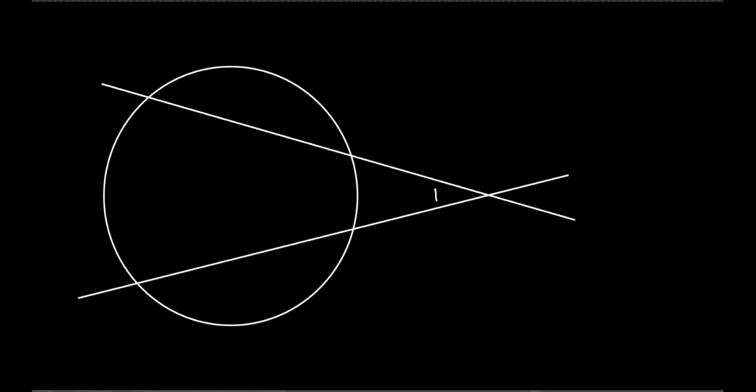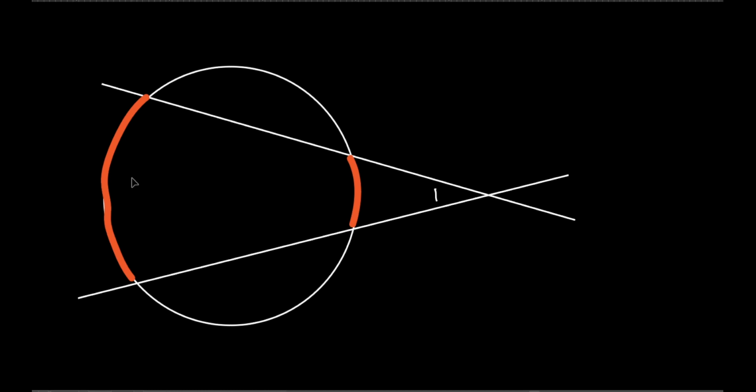But it also cuts off some arcs. So angle 1 cuts off this arc, and it cuts off this arc right here. Which arc is the bigger arc? The one that's further away from the angle. Everybody see that? The further you go out, the more distance between the secants, and the secants get closer and closer until they actually touch each other right here.